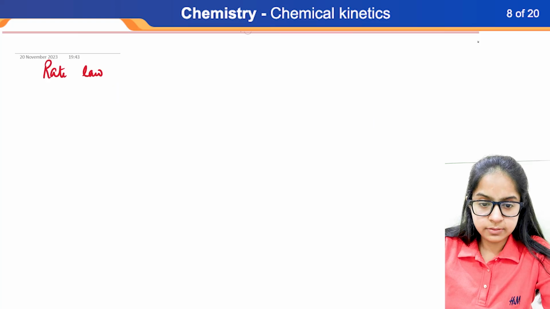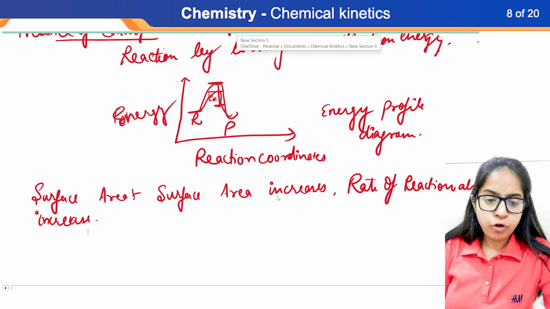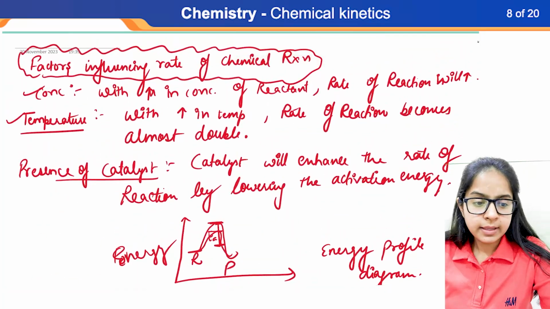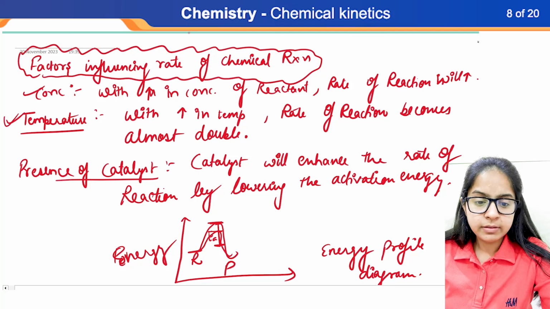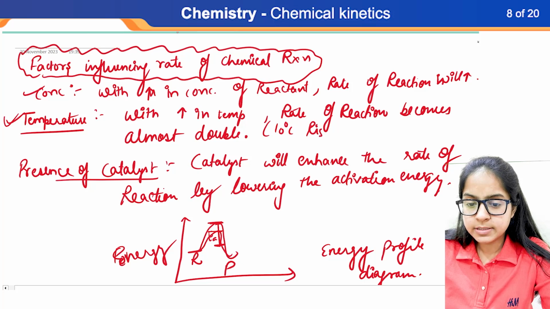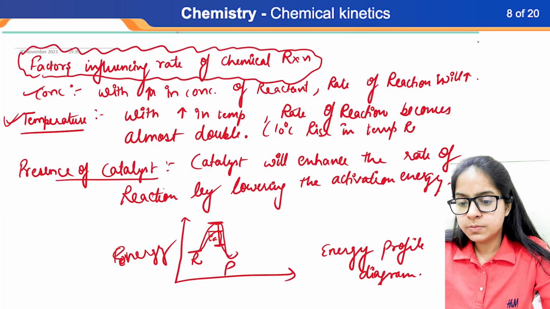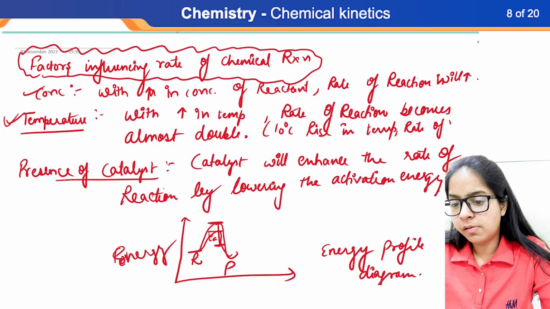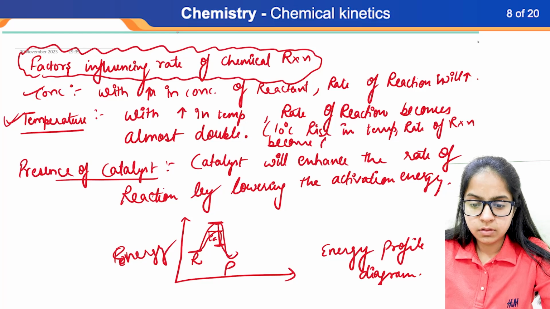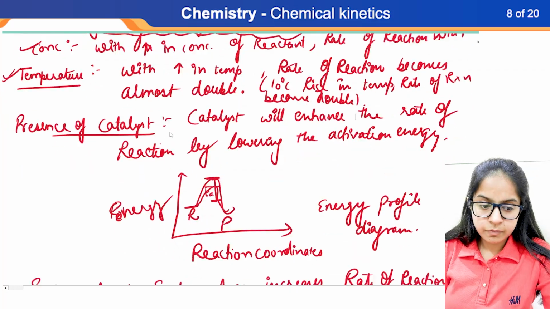Now the next question is what they can ask regarding this topic. They can ask about the temperature effect, that with every 10-degree Celsius rise in temperature, the rate of reaction almost becomes double.